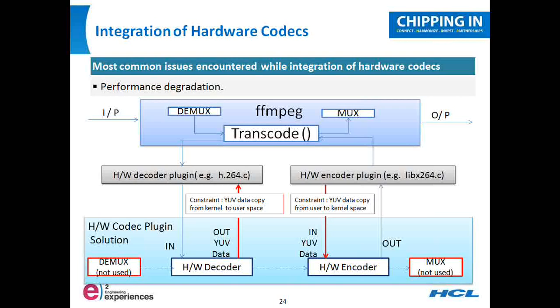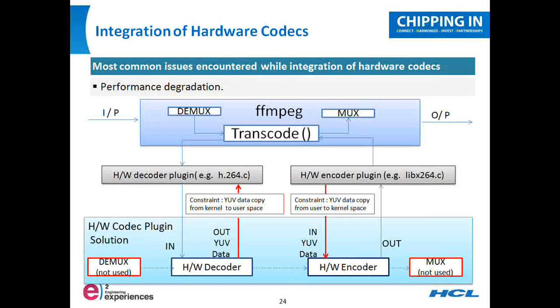Another example of what kind of issues developers usually face is architectural differences. In a typical Linux environment, device drivers of the hardware codec are in kernel space, whereas the FFmpeg library is in user space, and the plugin which a developer will write will also be in user space.